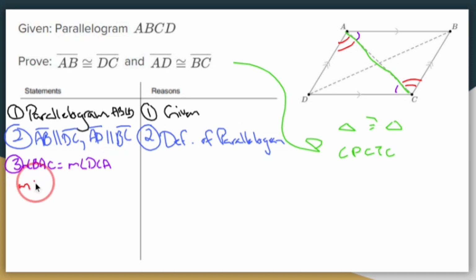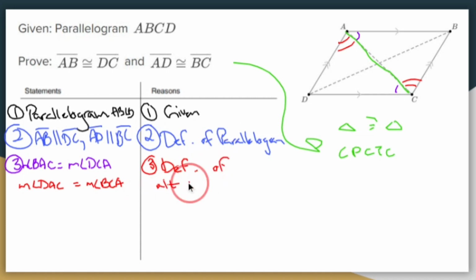The measure of angle DAC is equal to the measure of angle BCA. And that's the definition of alternate interior angles.